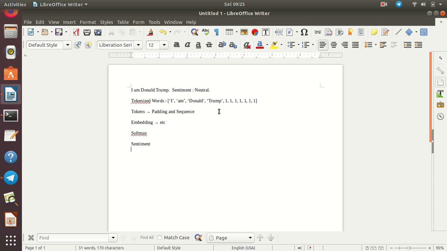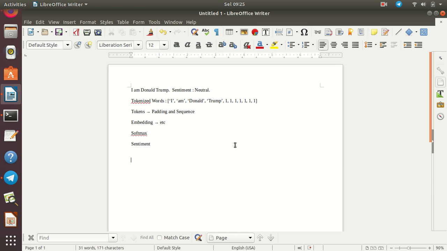So the thing is, we can use the Keras original tokenization for this particular job. But if you do it in Japanese, for example, Japanese uses kanji, hiragana, and katakana.